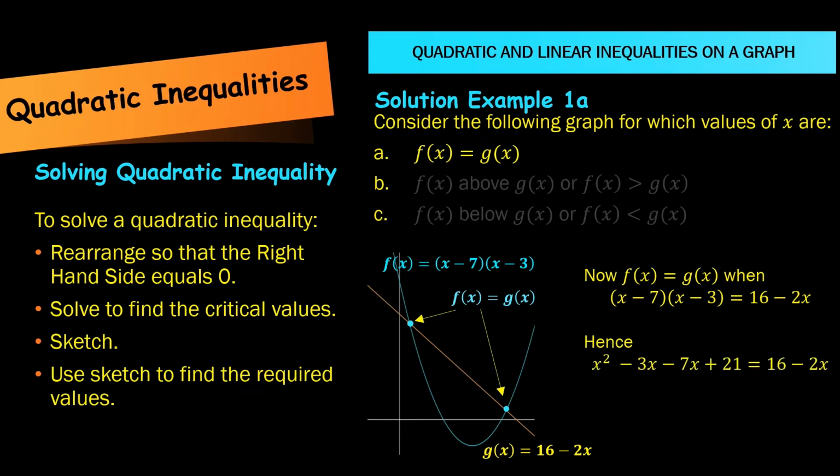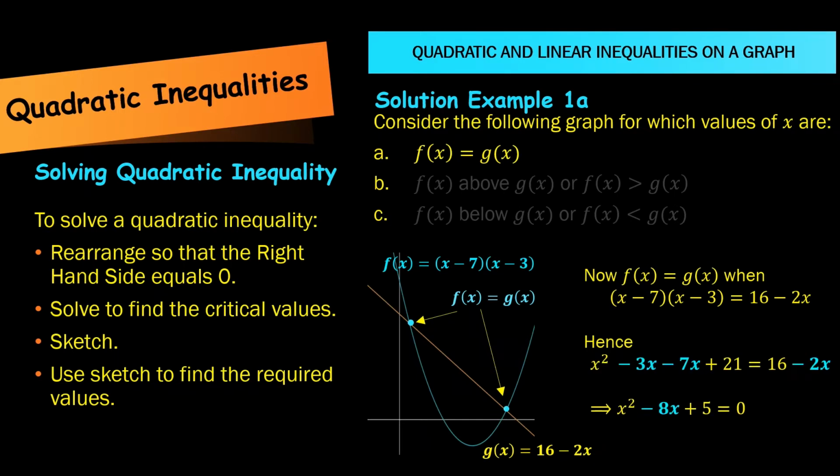So therefore, if we expand the brackets, and leave the right-hand side as it is, as shown, and then tidy up. So x squared stays as it is.